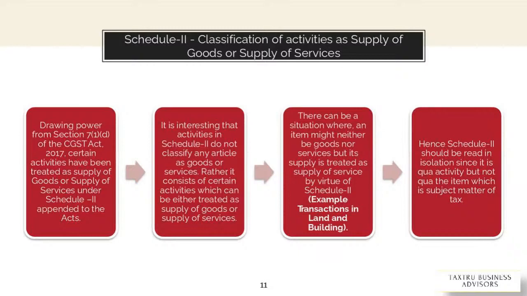Now, there can be a situation where an item might be neither goods nor services, but its supply is treated as supply of service. If you take the example of transactions in land and building, those are neither goods nor services, but for the ease of bringing those transactions within the ambit of GST, they have said that though these are neither goods nor services, they will be treated as supply of service by virtue of Schedule 2.